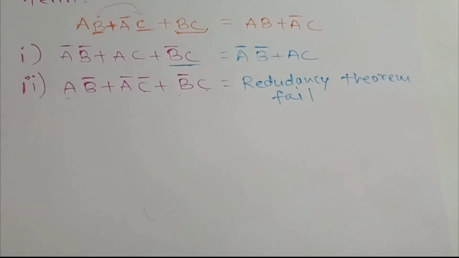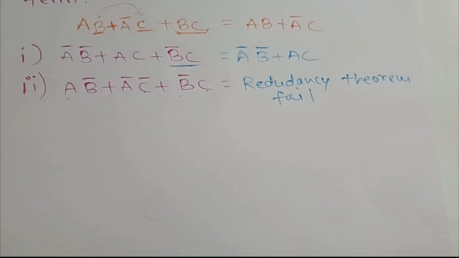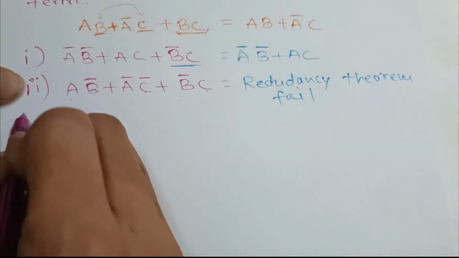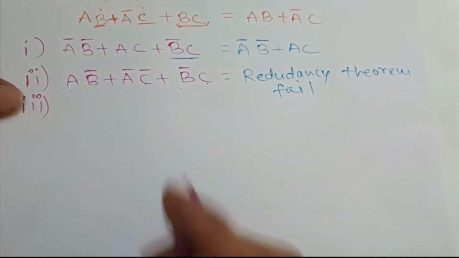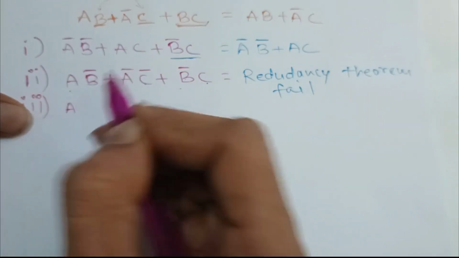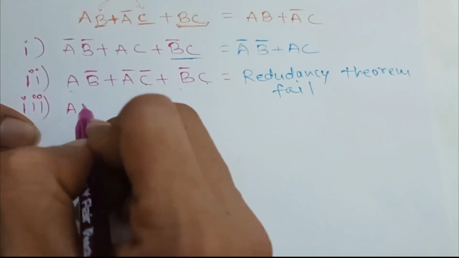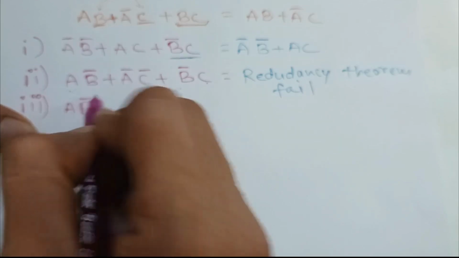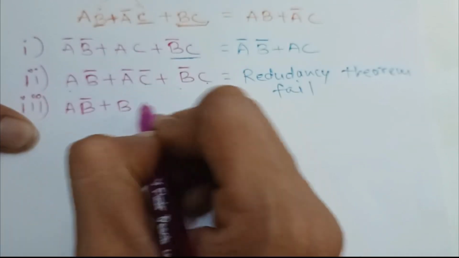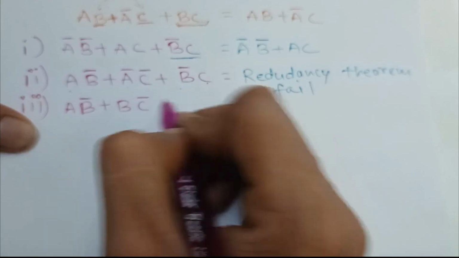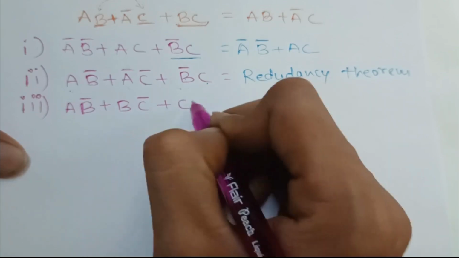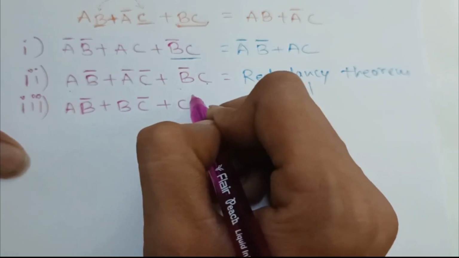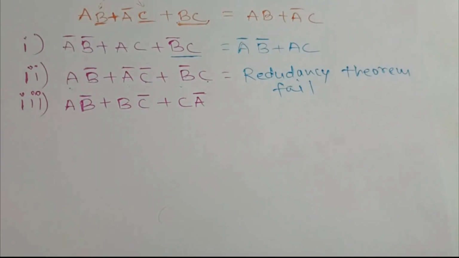Okay. So let's take the third example. A is there, with that B bar is there plus B is there, C bar is there plus C is there, A bar is there.